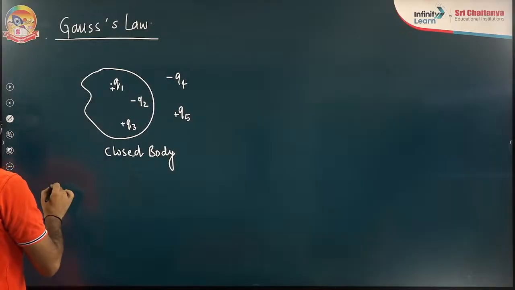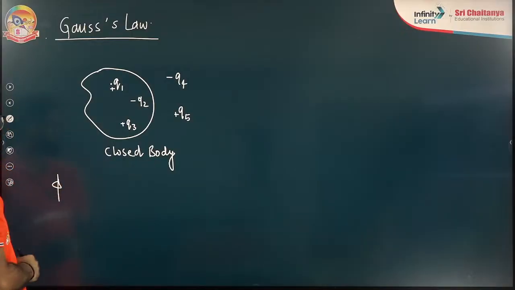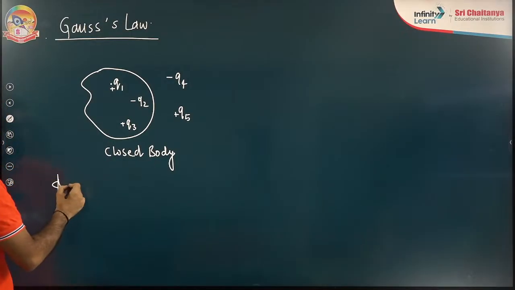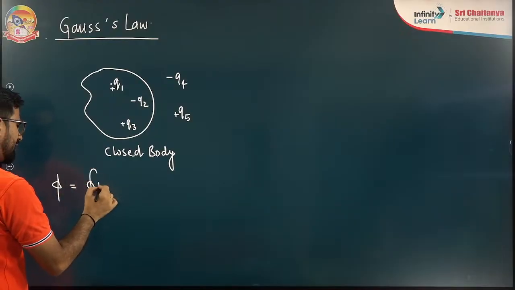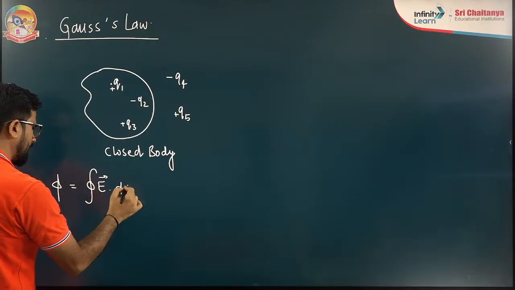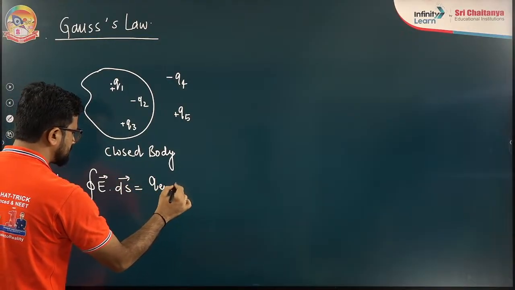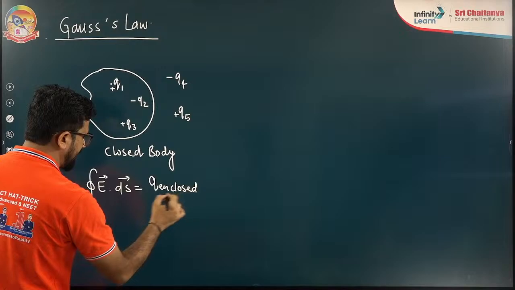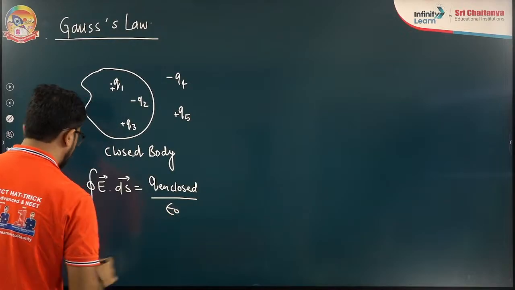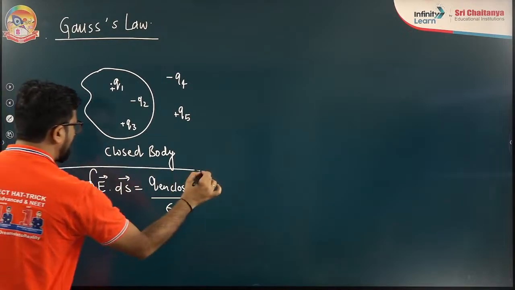Then he said very simple, the total flux is equal to the closed integral of E dot ds, which is equal to q enclosed divided by epsilon naught. This was the statement given by Gauss.